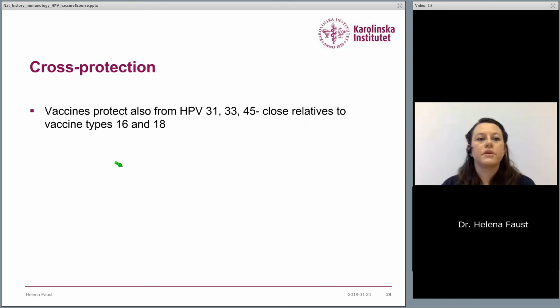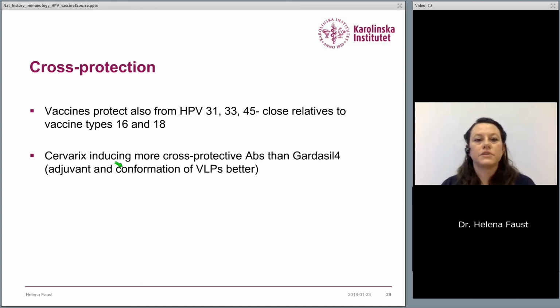There is also a phenomenon called cross-protection discovered during the vaccination. The vaccine protects also against HPV 31, 33, and 45, which are close relatives to vaccine types 16 and 18, even though those viruses are not included in the vaccine.